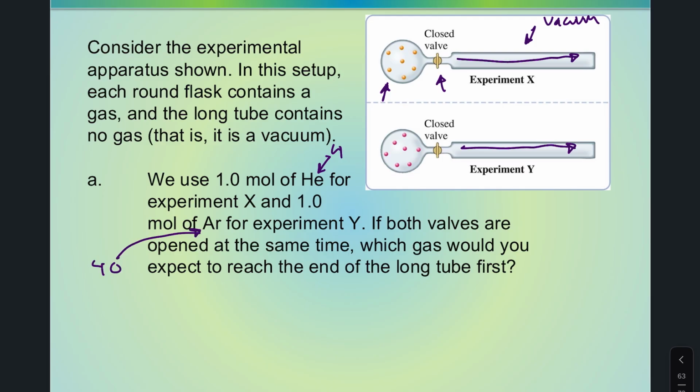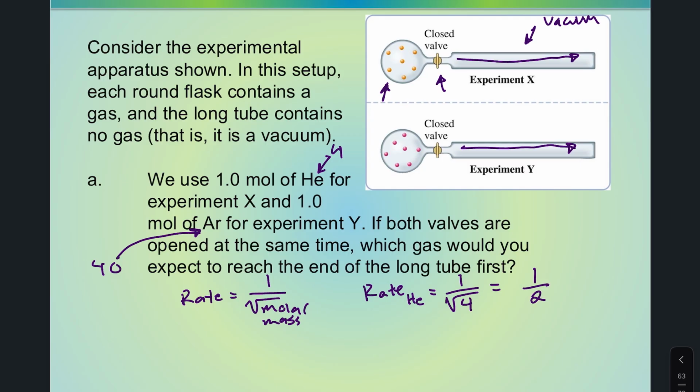When we're using rate equals 1 divided by the square root of the molar mass, we'll do 1 for helium. So the rate of He is equal to 1 divided by the square root of 4, which is equal to 1 divided by 2, which is equal to half.